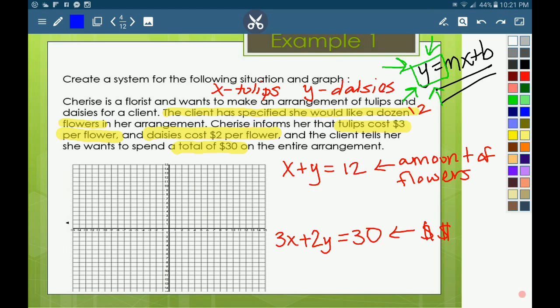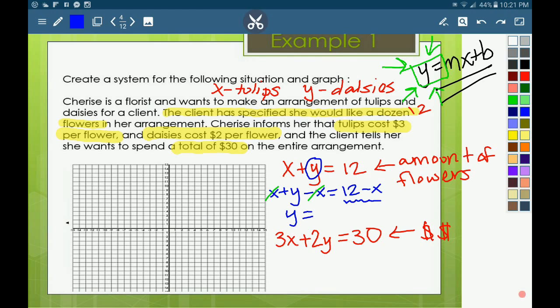So in the first equation, y is right here, and that means we need to get rid of the x. The x is positive, so we need to subtract it from both sides of the equation to get it to travel to the other side. So x plus y minus x is equal to 12 minus x. So x minus x, that's 0, and we're left with y is equal to, now you can switch these two around.